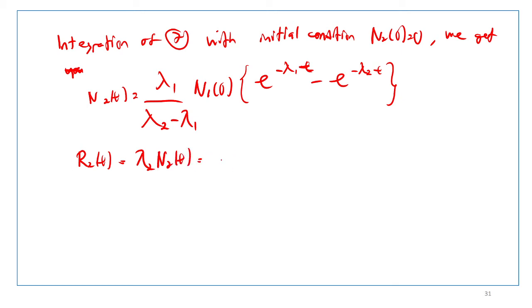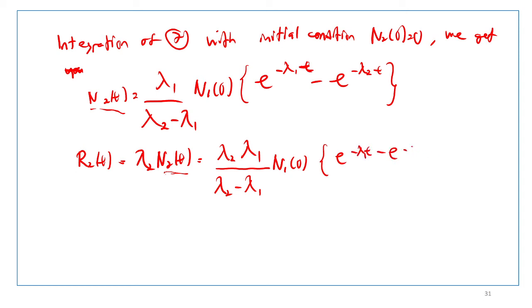So you get lambda 2 lambda 1 over lambda 2 minus lambda 1, remember N2(t) is here, so it becomes this one, minus e to the minus. So this is the activity for the daughter nuclides.